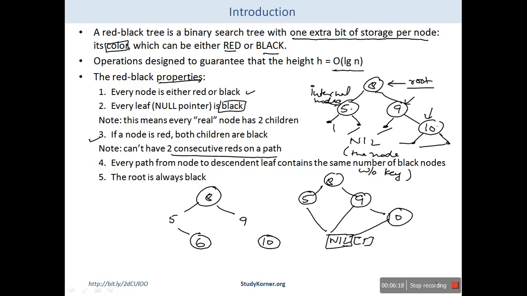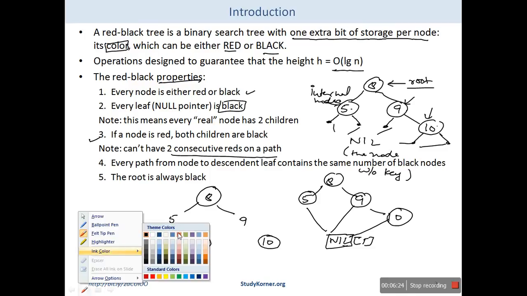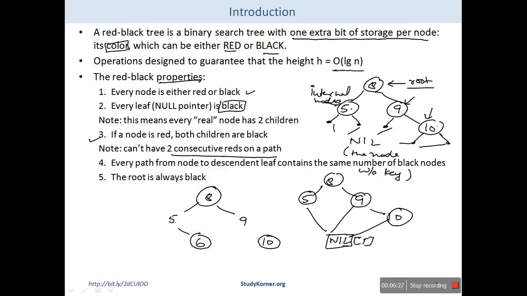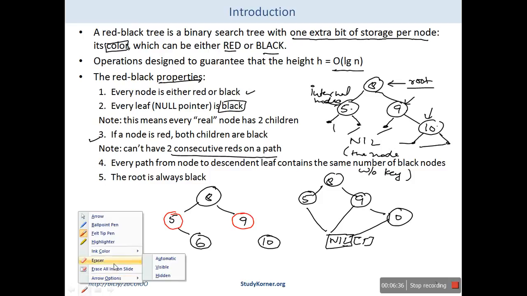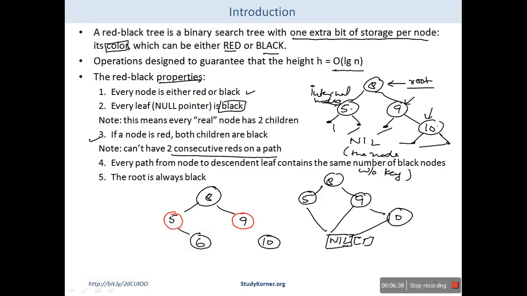So now the color of these two nodes must be red in order to satisfy the properties of the red black tree. So I make this node red and this node red. Now what would be the black height? Let me link this one. So this is a sentinel node, this is also a sentinel node, and this tree also has sentinel nodes, and this tree also has sentinel nodes.